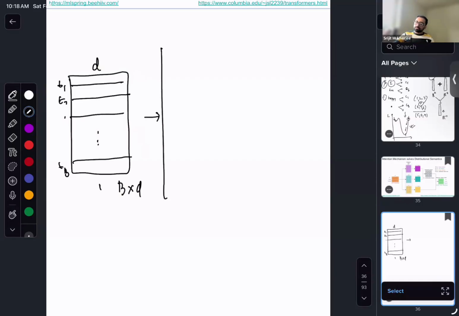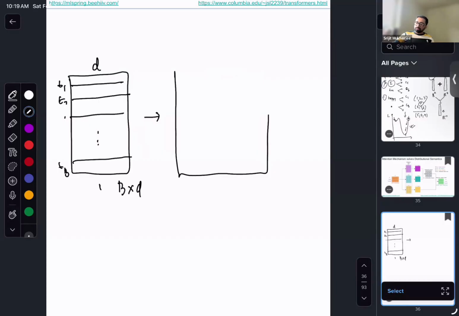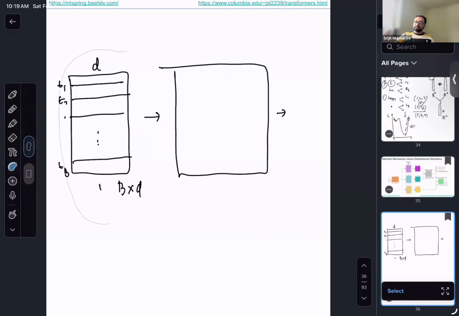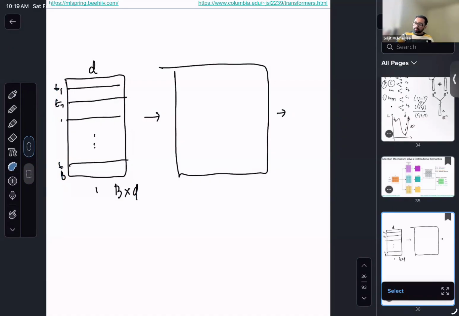The model should be in such a way that the output of the attention module, whatever it is, is the same dimension. This is very important to understand.